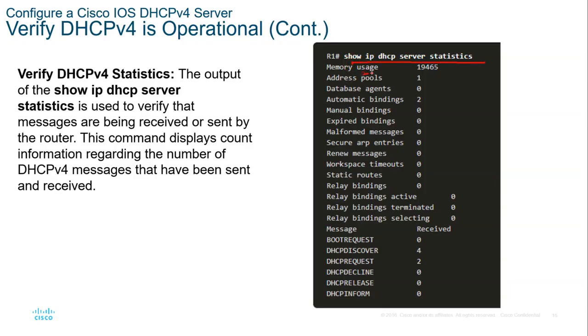As you can see, the memory usage, the address pool, bindings so far, automatic bindings, we have 2. The messages sent: boot request, we have 0. Discover, we have 4. Then request, we have 2. And then lease info, 0.